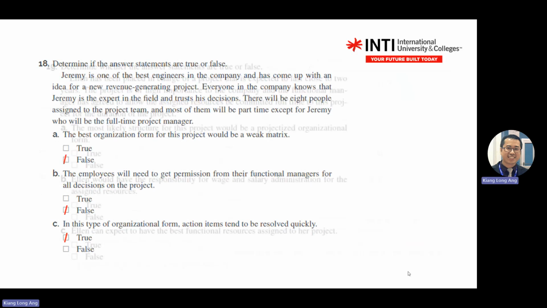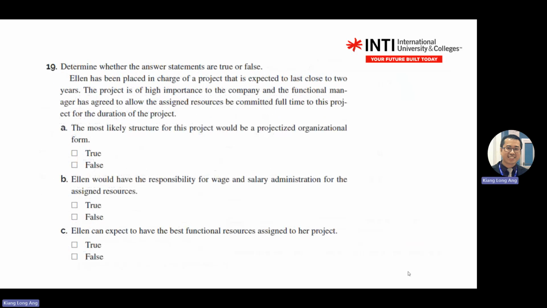Okay. Determine whether each statement is true or false. Now I'll give you another scenario. Elaine is placed in charge of the project, and it is expected to last close to 2 years. The project is 2 years long. The first statement already tells you whether it is short, long, or medium.